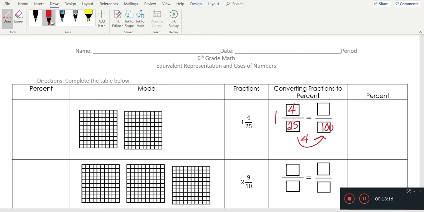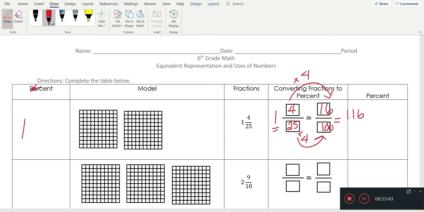It's like how many quarters in 100? Again, it's 4. So we have 4 here times 4. 4 times 4 is 16. So this will become 16 hundredths, right? But we have 1 here, so therefore we add the 1 whole. So 1 whole and 16 hundredths.